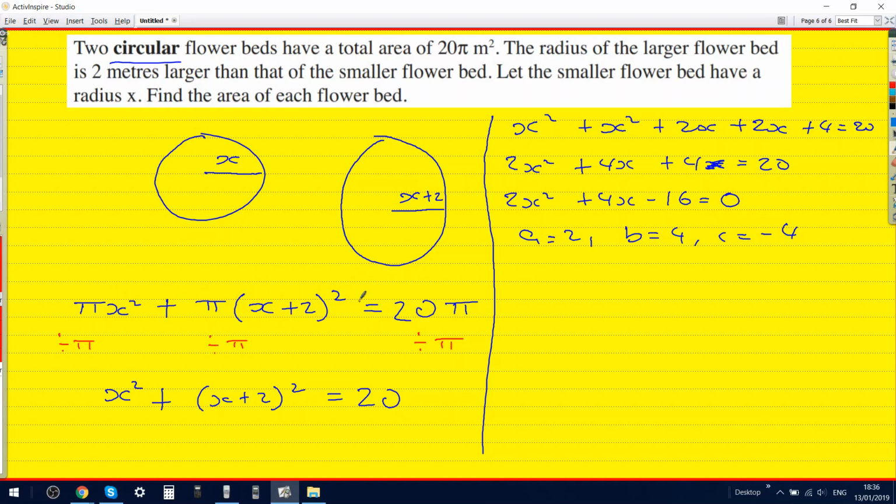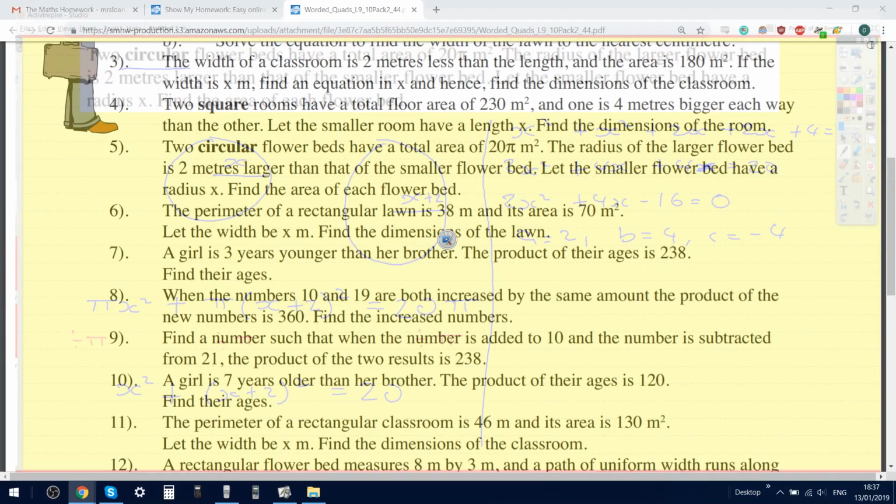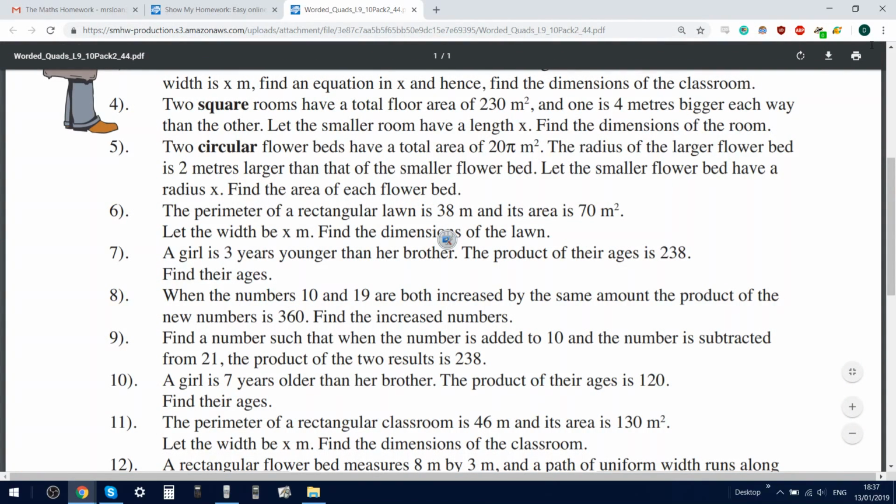And the total of those two is equal to 20 pi, the total that they tell you. Okay. You could have done it with pi, but the easy way is to just divide everything by pi, and then it's a much more familiar thing, that you're already good at. Okay. Any questions about that? No. Okay, so that's 5.